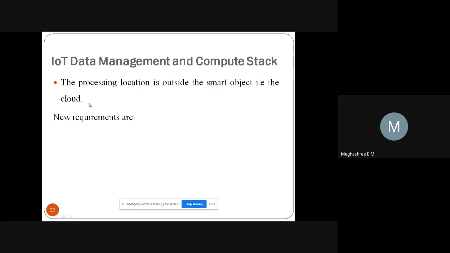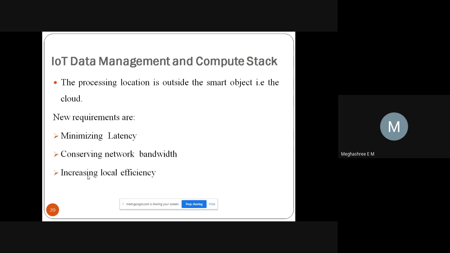With respect to this, there are requirements because the cloud is too far from where the smart objects are deployed, right? The new requirements are to minimize latency, conserve network bandwidth, and increase local efficiency. These three requirements have to be addressed.